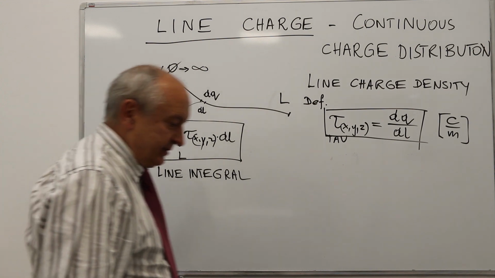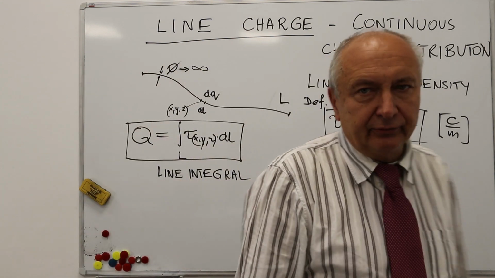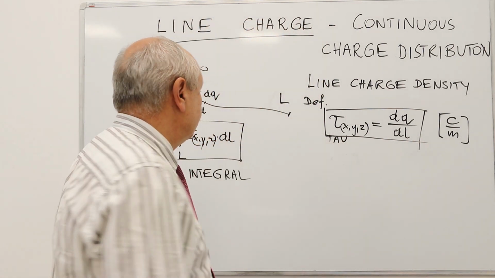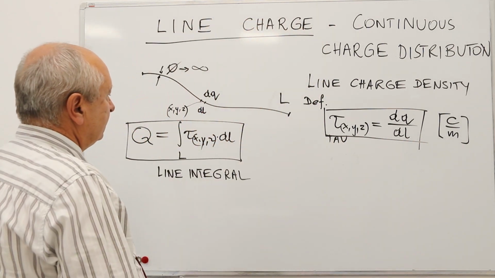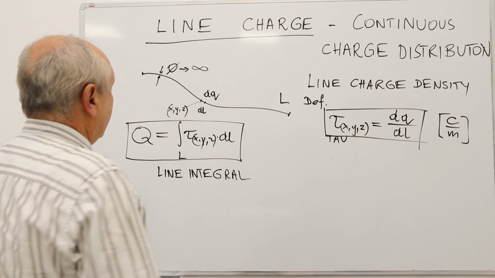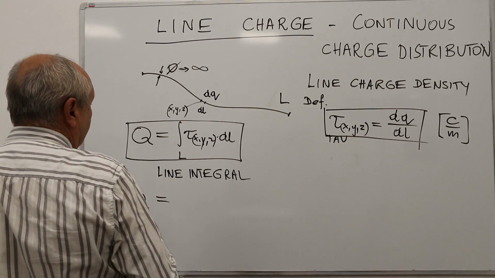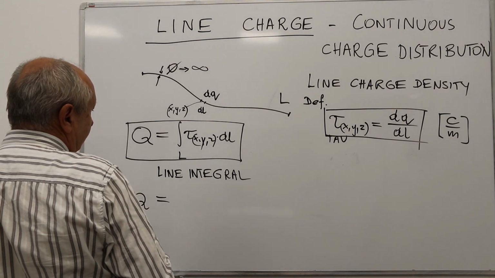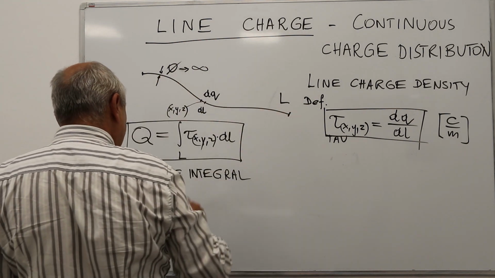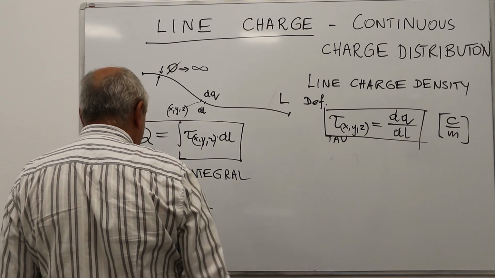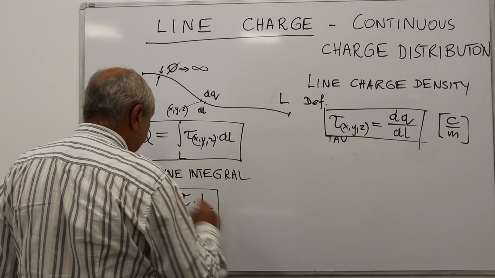For the case that we have uniform charge distribution, calculation of the total charge is much easier. For uniform distribution of the charge, the total charge is equal to tau multiplied by L. This is for uniform.